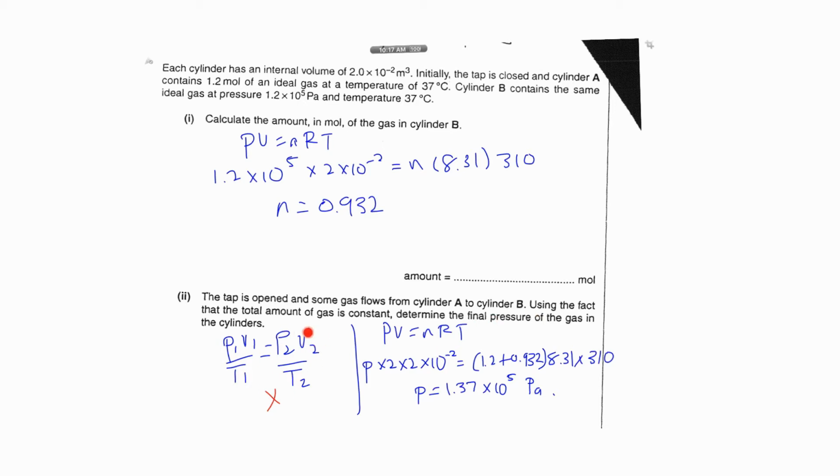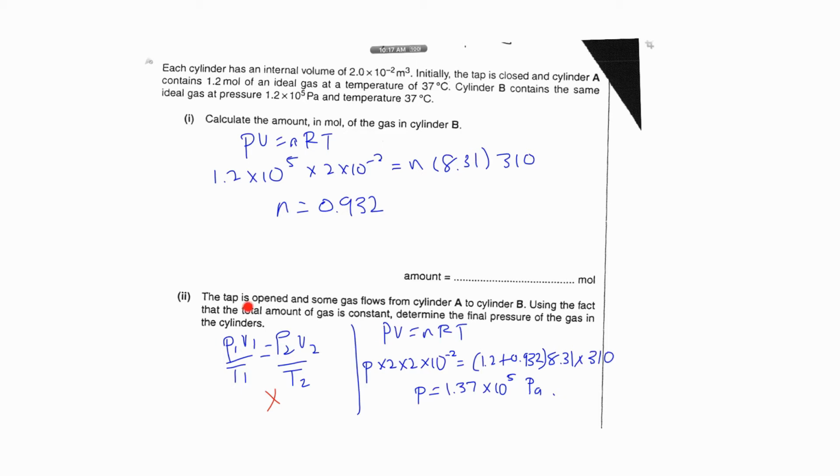On this side, wouldn't the gases already combine, A and B? So on this side you only have B, and on this side you have A and B. Is the number of moles on this side, which is just B, equal to the number of moles on this side, which is A and B? Not the same. So we cannot use this.